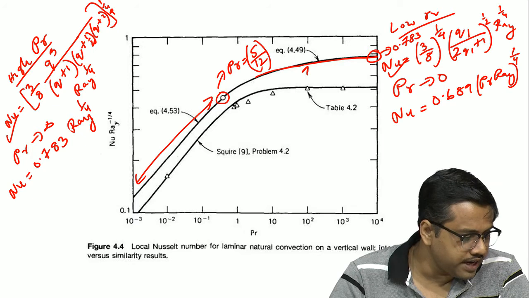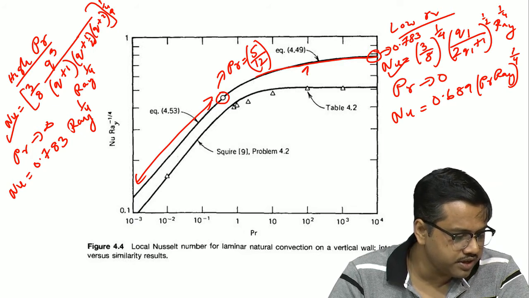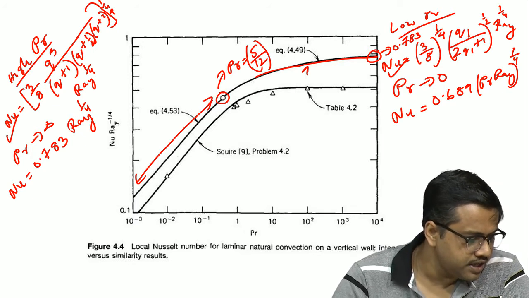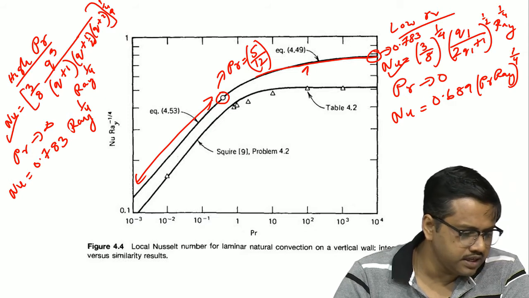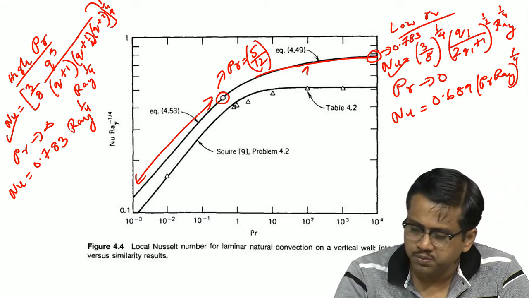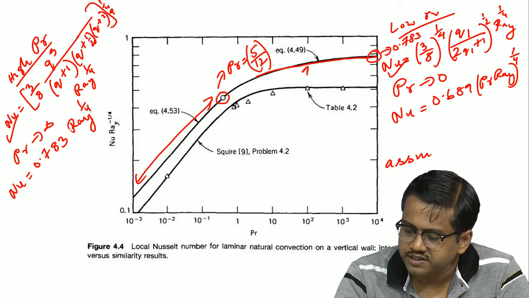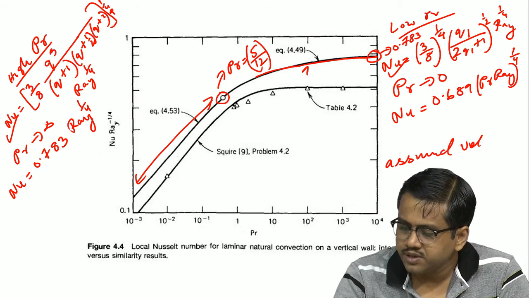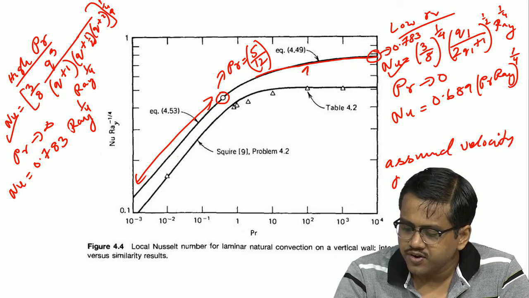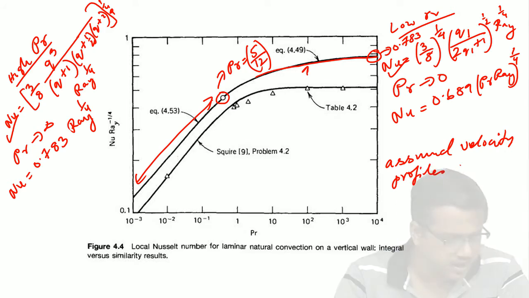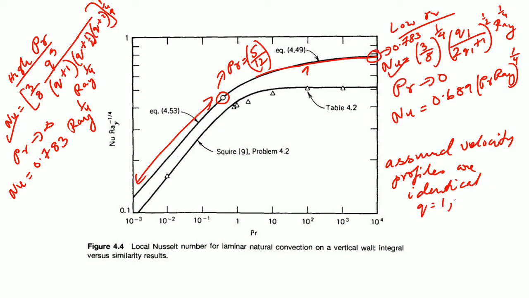So, they kind of merge, they show a match for these two values. Of course, here the assumed velocity profiles are identical for q1 and q11 equal to 1. That is the case.